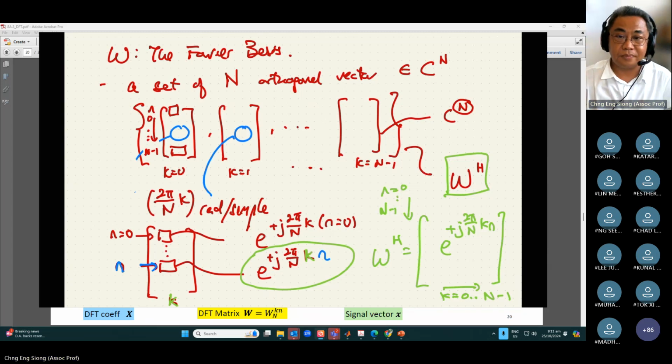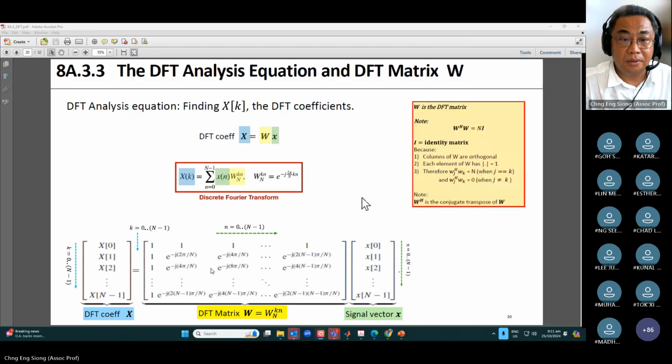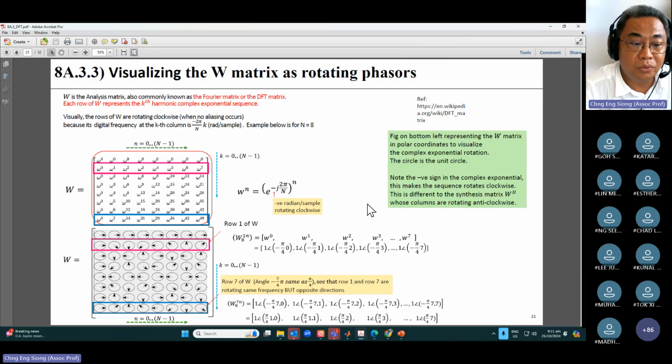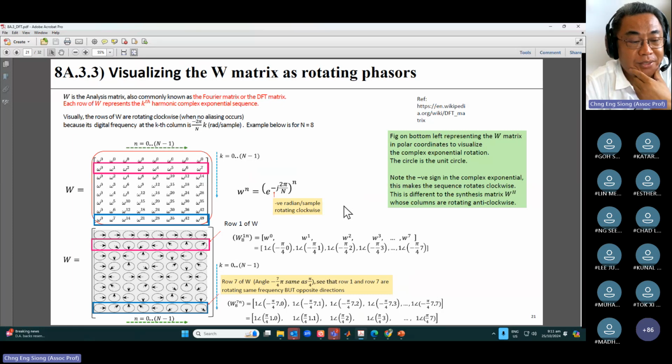All right. Now, I want you all to look at this W matrix. Should I look at W^H or W?